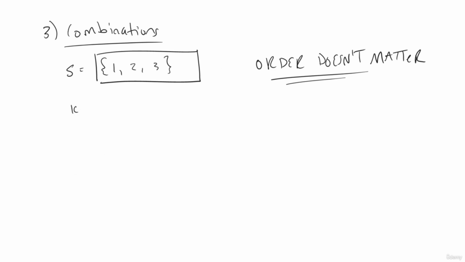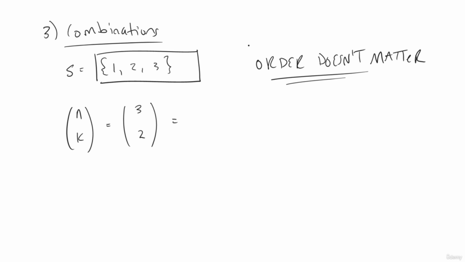And there's a formula to calculate this, and you'll commonly see things represented like so: n choose k, where n is the number of items in the set, which in this case is going to be 3, and k is the size of the subset that we want to consider when we're creating combinations. In our first example, we considered 3, but let's imagine someone said, give me all possible combinations of subsets of size 2.